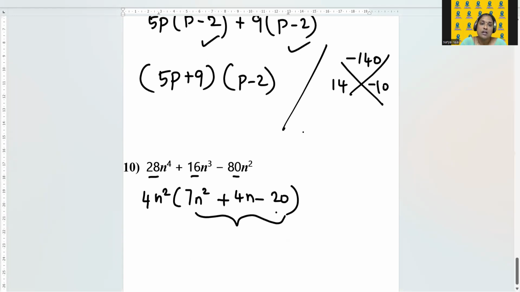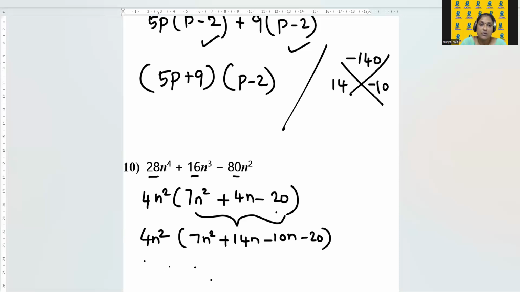See, let me rewrite the equation as 4n square within bracket 7n square plus 14n minus 10n minus 20. And I got, when I take 7 outside, n square plus 2n.